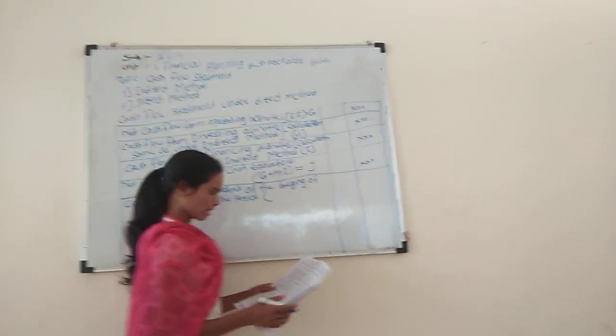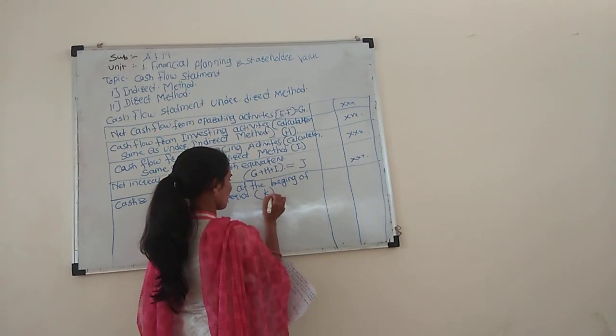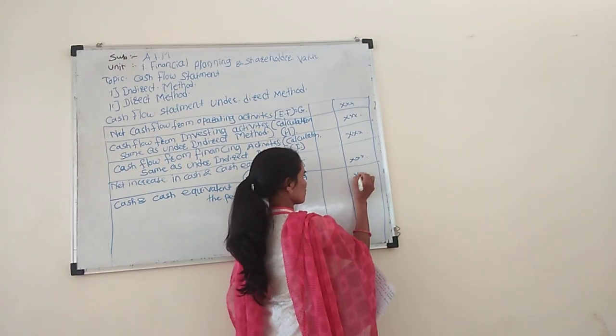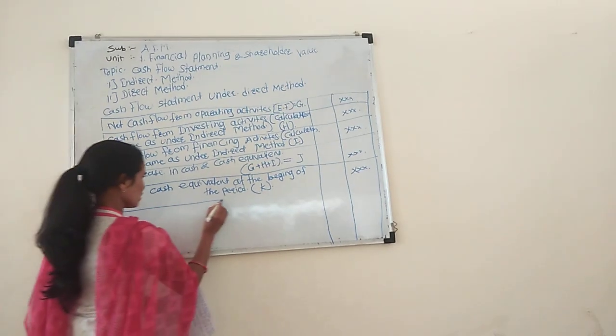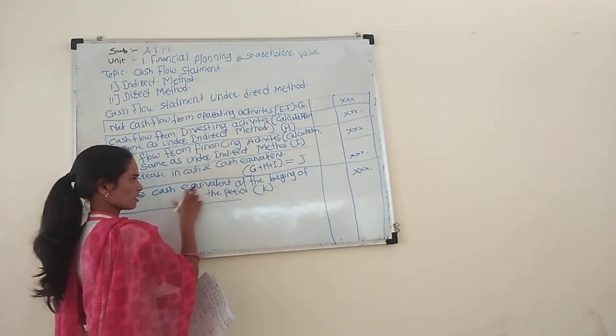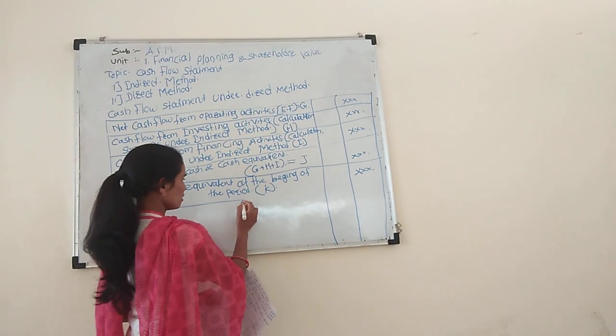This is called K, and the amount goes in this column. K means cash and cash equivalent at the beginning of the period.